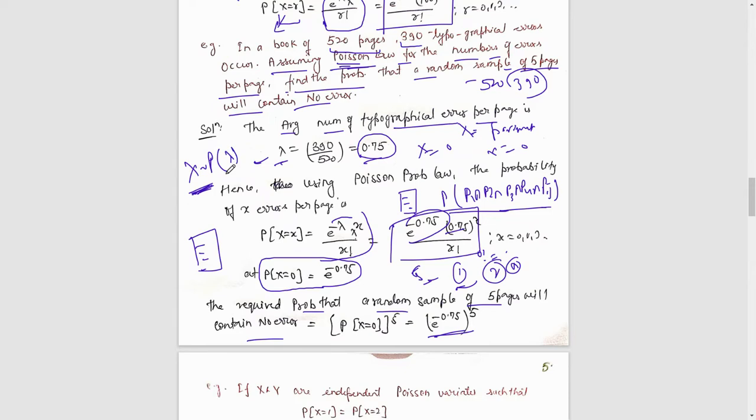So x follows Poisson lambda. Small x equal to zero means that a particular page does not contain any error. So we found this probability, and we want to model this for the next five pages. Obviously any page is just an independent event, and that's why we applied this probability five times, and then we got the desired result. Anything guys, any confusion, just let me know.